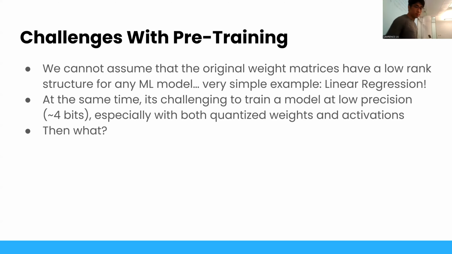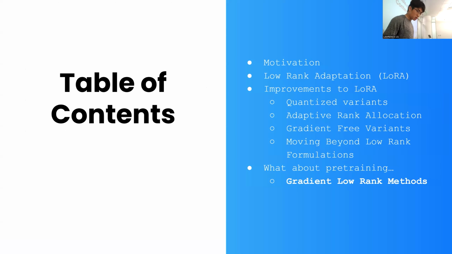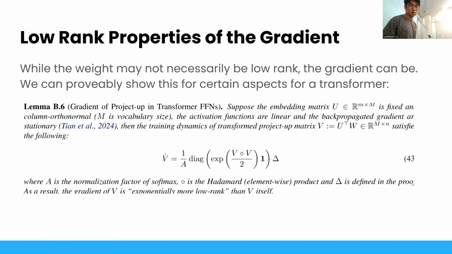So then what? Now I'm going to talk about some gradient low rank methods. While the weight matrix itself may not be low rank, you can prove for certain structures that actually the gradient will become low rank. This holds in particular for just the up projection of a feed-forward neural network in a transformer.